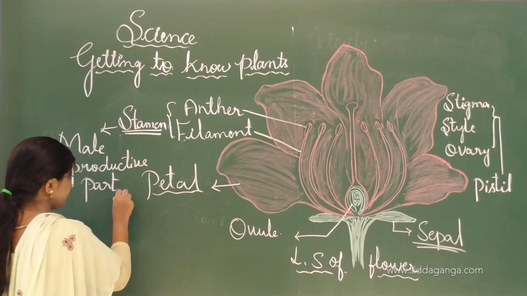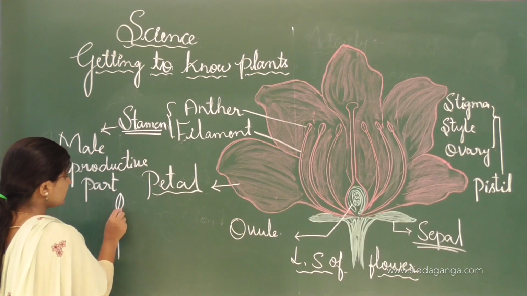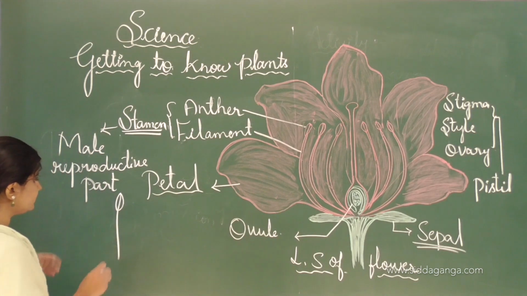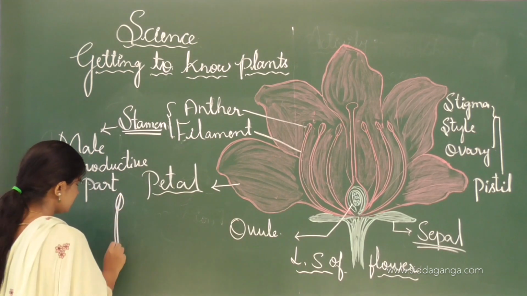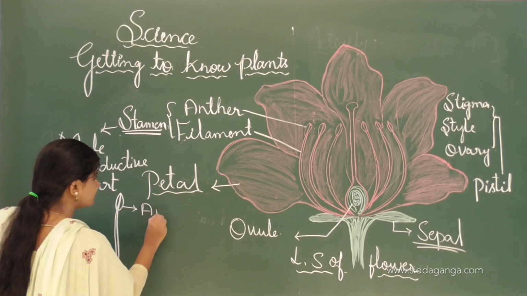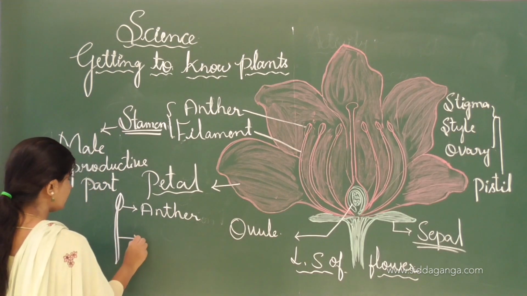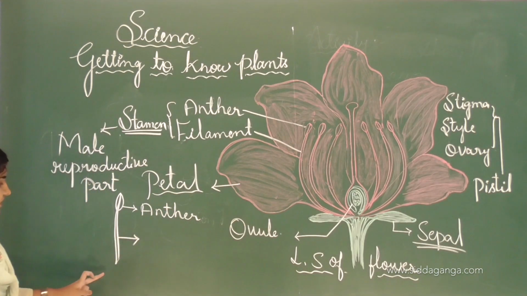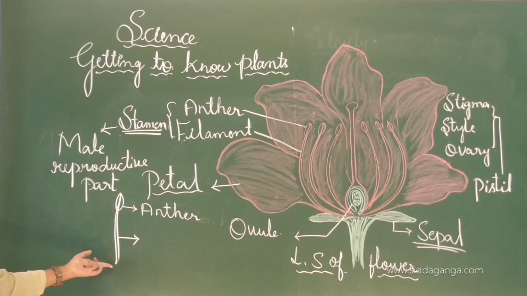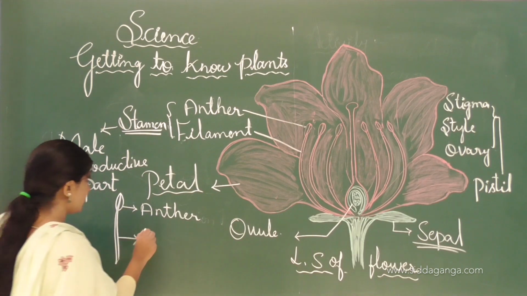I will draw the diagram of a stamen here. The sac-like structure present above the filament is called the anther, and a long elongated tube which is attached to the ovary and ends at the anther is called the filament.